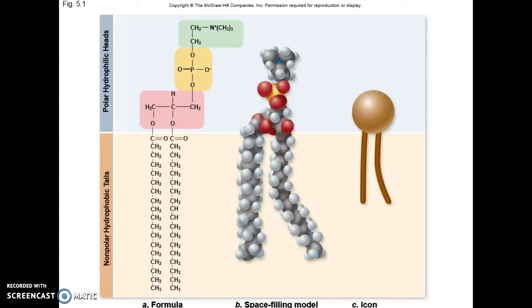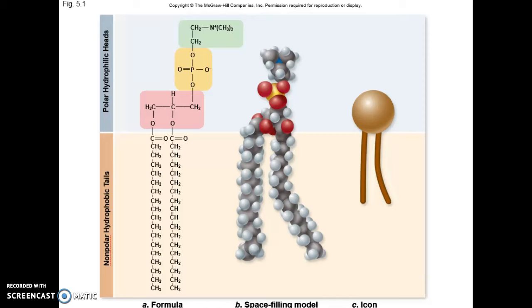So starting with the first feature, phospholipids. This is our basic phospholipid. We've seen them before, we've talked about them, they're back again. Phospholipid is made up of a polar hydrophilic head. Now, hydrophilic means it likes water. So that little ball structure there, that likes to get near water. It's water loving.